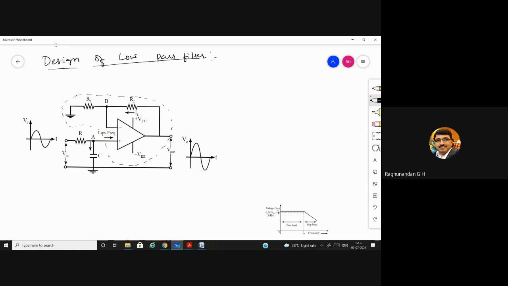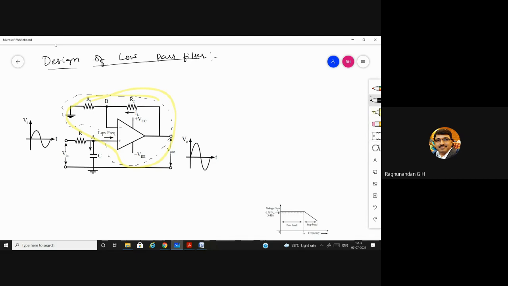Only this highlighted portion, look into that and tell me what kind of op amp it is. Is it non-inverting? Yes, it's non-inverting. So we have a non-inverting op amp.